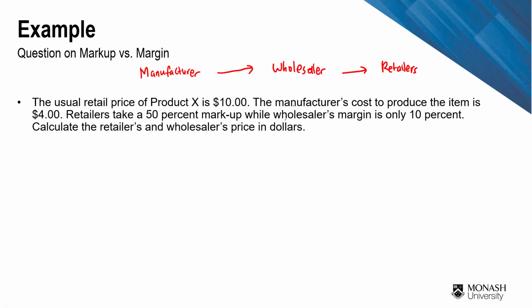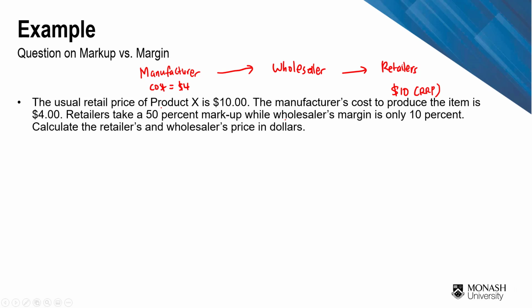Now you know that this is priced at $10. So the retail price, you know that this is actually $10. That's the retail price, RRP. And you know that the manufacturer's cost to produce the item is $4. So you got the cost, $4.